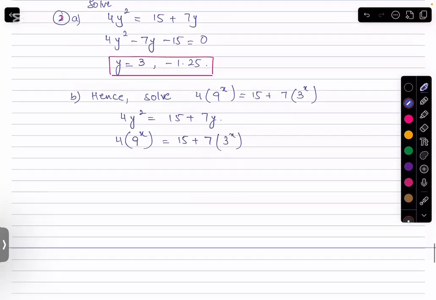Okay. So this 9x here, can I write 9 to the power of x as 3 square to the power of x, and then this is 3 to the power of 2x? Is that right?